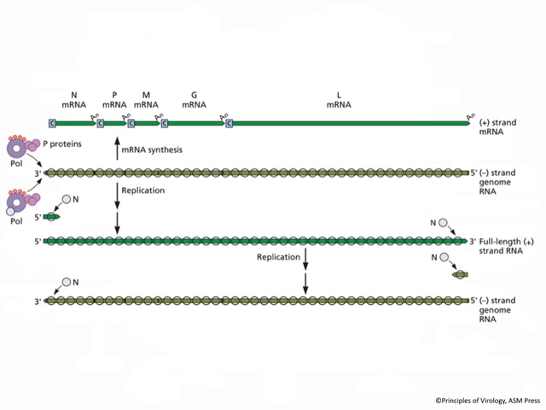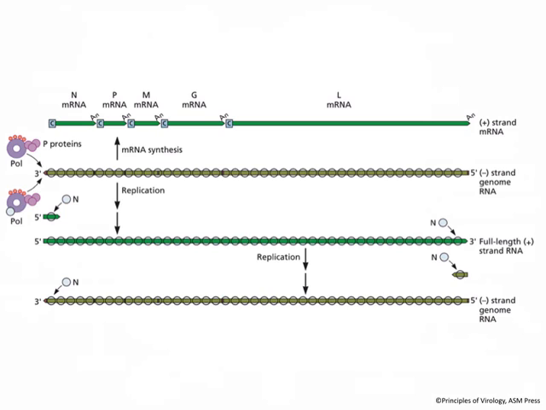But as soon as N protein, which is this little sphere with the blue interior, as soon as it's made, as soon as the enzyme begins to make a new plus-stranded copy off the negative strand template, the N proteins bind to it, and they cause anti-termination of the polymerase. So the polymerase no longer stops after each mRNA, and you get a full-length plus strand. And that can be copied in turn to make the minus strand, which you need to make new genomes.